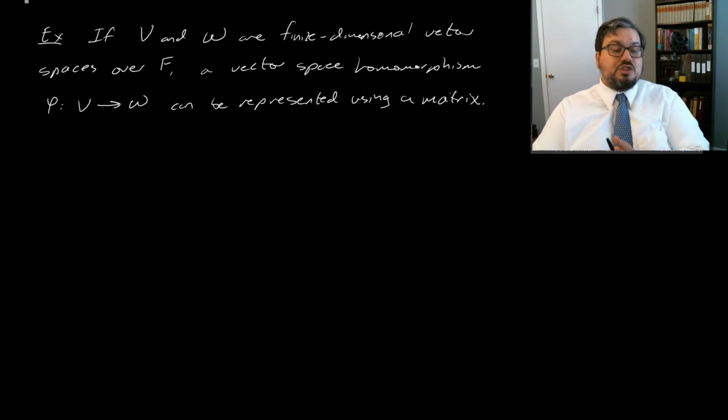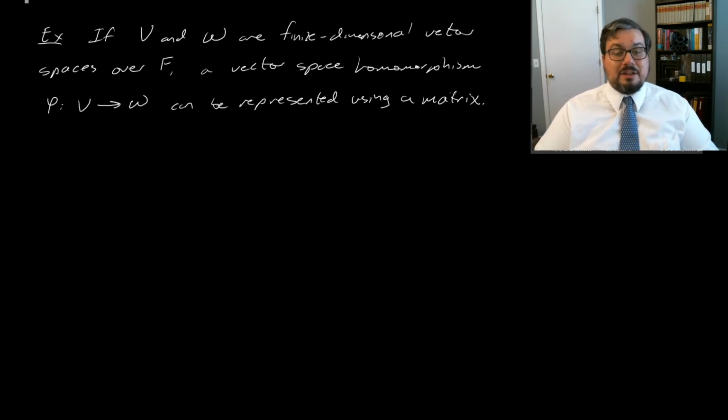Now, we're used to doing this when V and W are vector spaces over, say, the real numbers or maybe even the complex numbers. The point is that we can do this with vector spaces over any field at all, and we're going to get a matrix with entries in that field.